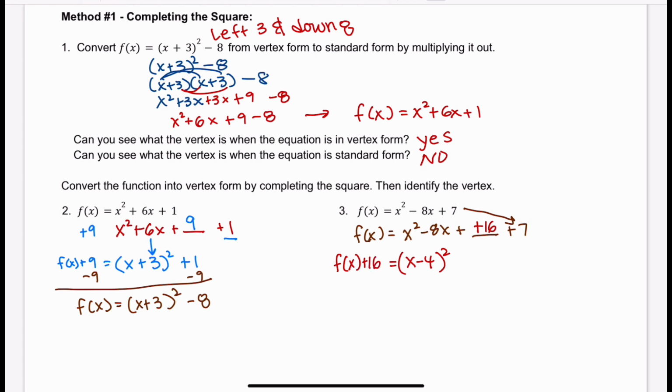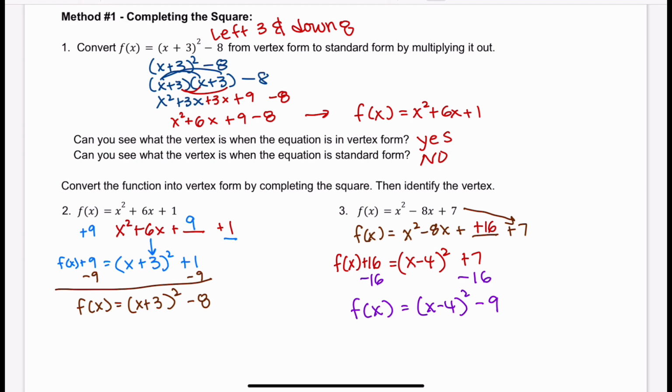So it's even. 16 plus, and then I have my plus 7. So now the last step is I want to get f of x all alone. I'm going to minus 16 from both sides, and I'll get f of x equals x minus 4 squared, and 7 minus 16 is -9.